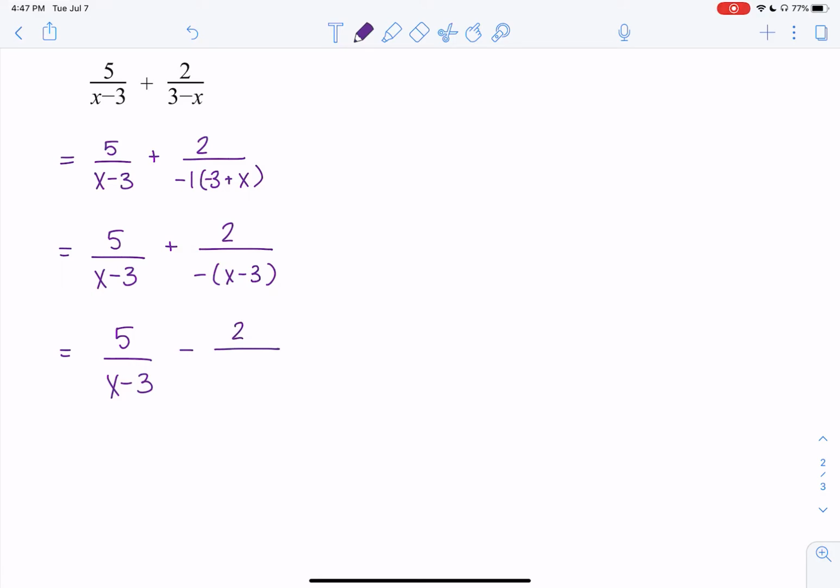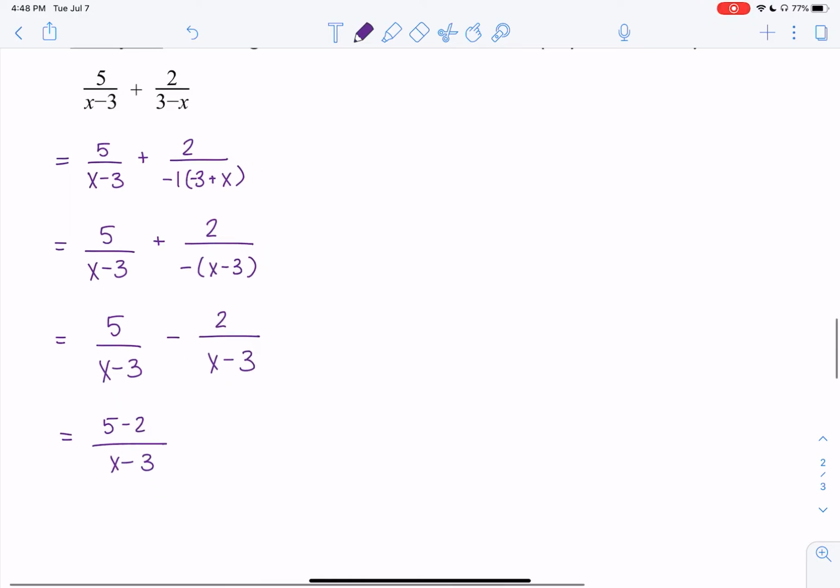So I can rewrite it like this. And now I have my common denominators. So I will have 5 minus 2 all over x minus 3, which will give me 3 over x minus 3. And now for my restrictions, x cannot equal 3.